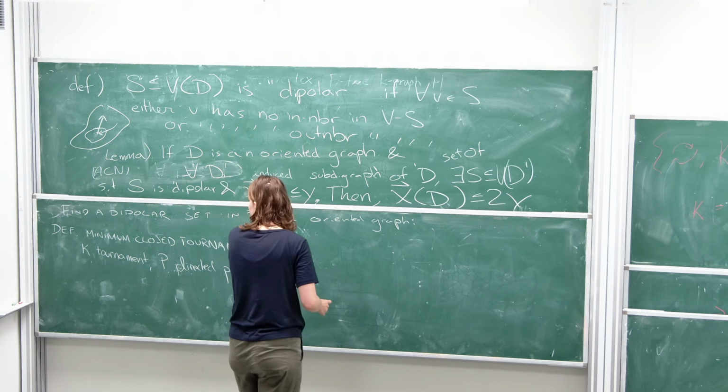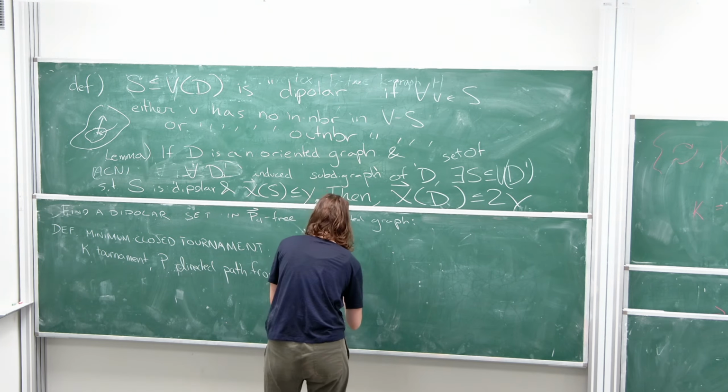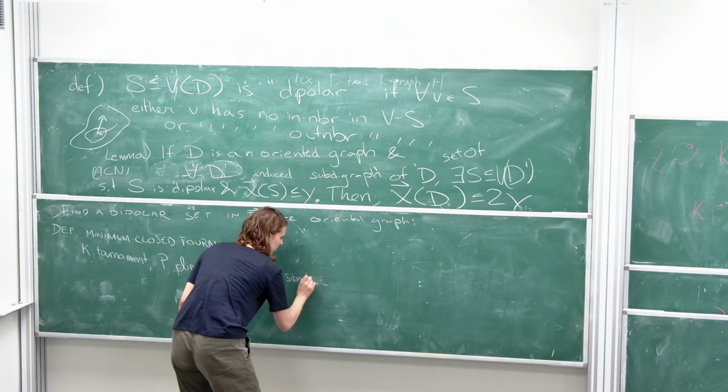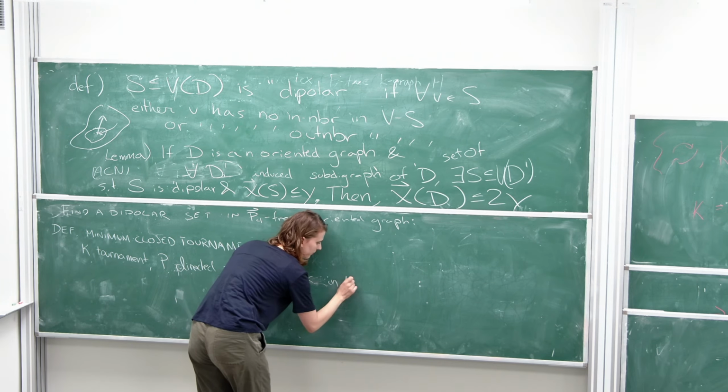So a closed tournament is the union of a tournament K and a directed path from a sink component to a source component in the tournament.